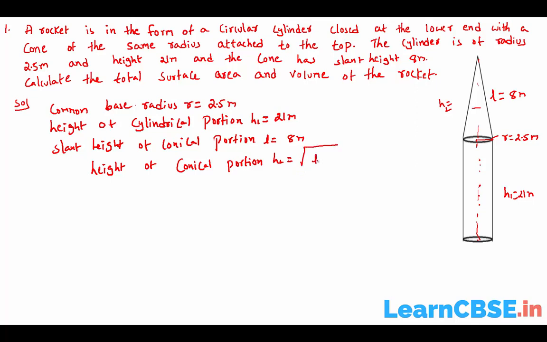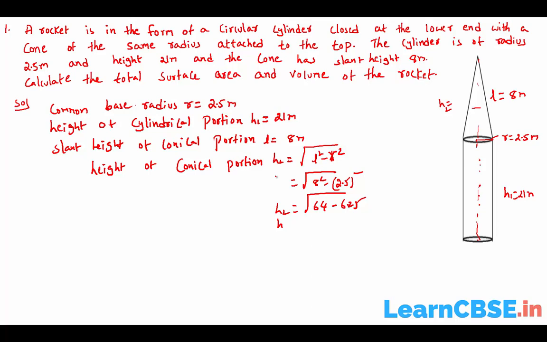under root of L square minus r square. That means 8 square minus 2.5 whole square. 8 square is 64 minus 2.5 whole square, 6.25.